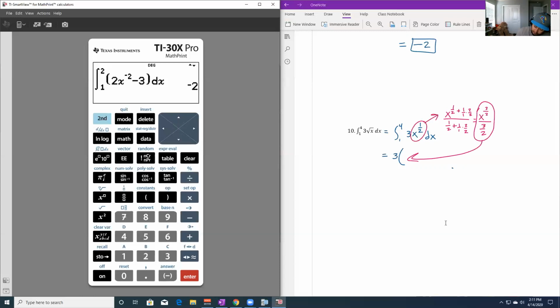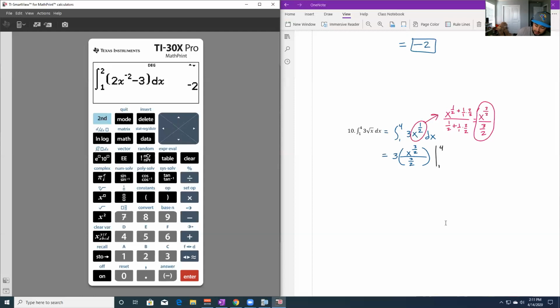So we get x to the 3/2 over 3/2 evaluated from 1 to 4.